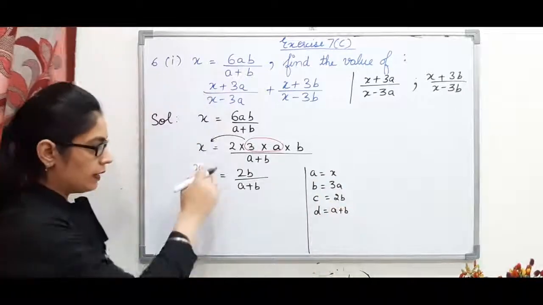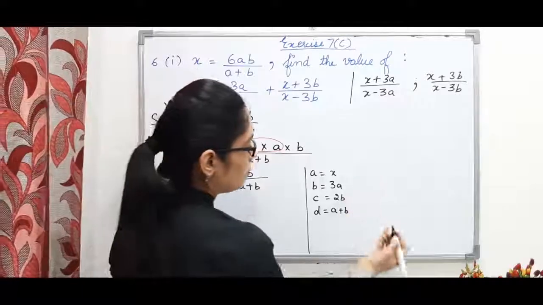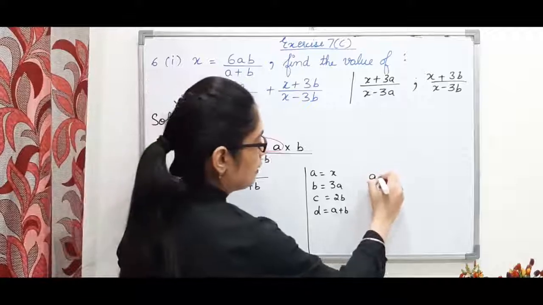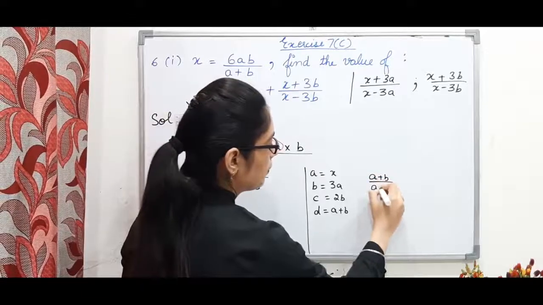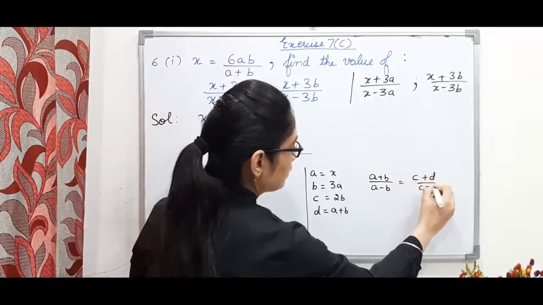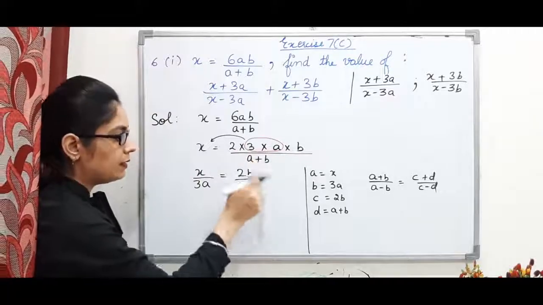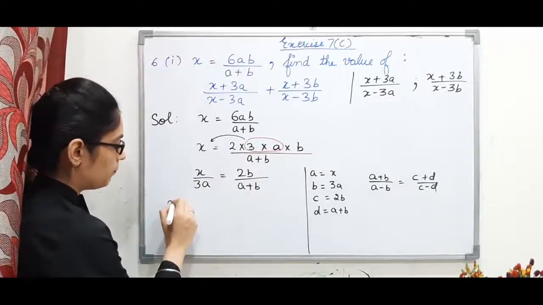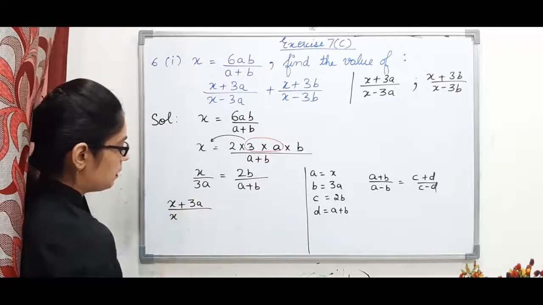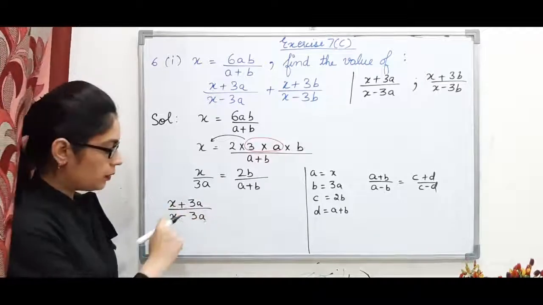Now I know if a by b is equals to c by d, then we can apply componendo and dividendo. What is componendo and dividendo? It is a plus b upon a minus b equals c plus d upon c minus d. See, if a by b is equals to c by d, then a plus b, a is x plus b, b is 3a, a plus b upon a minus b, x plus 3a upon x minus 3a.